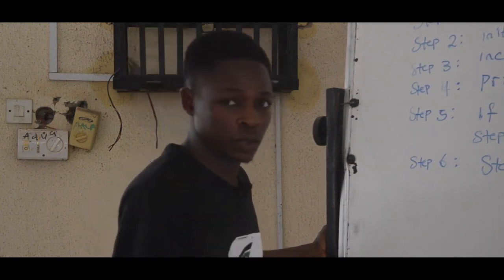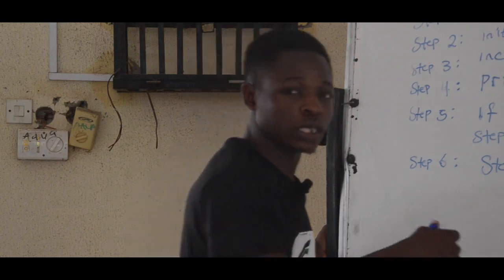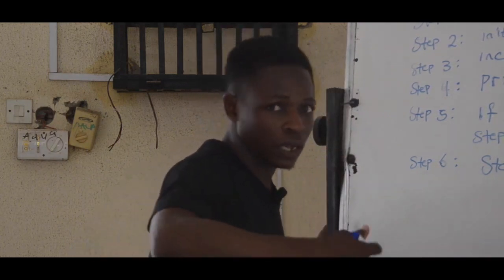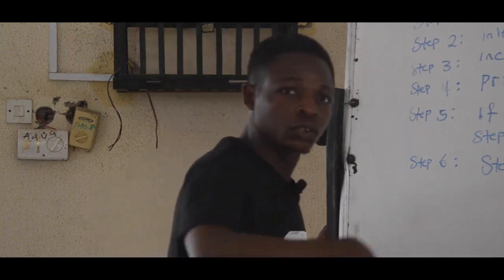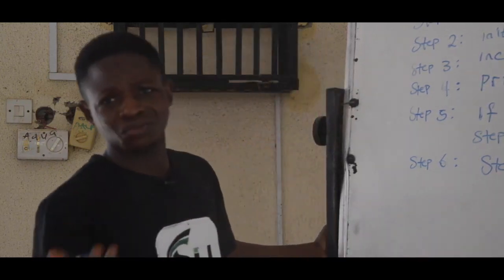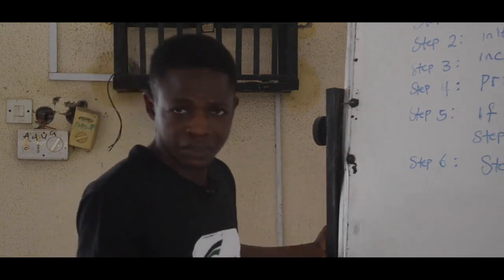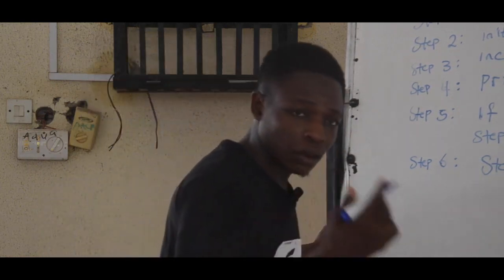ROI is return on investment. We are going to return it with something like 1,000 or 500. That means your mother saves 10,000 and withdraws 11,000, so she's gaining 1,000. That's interest. So you want to write an algorithm that calculates the interest.